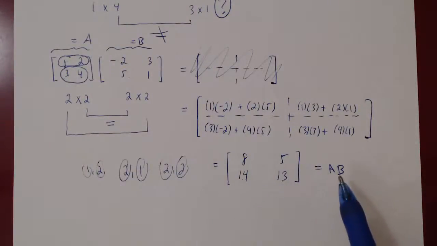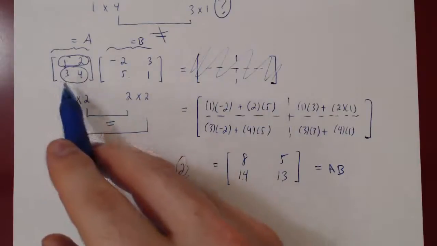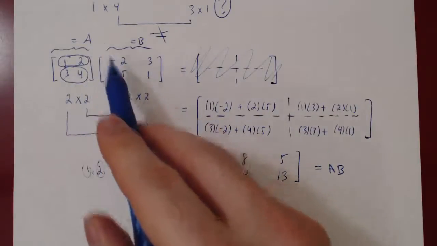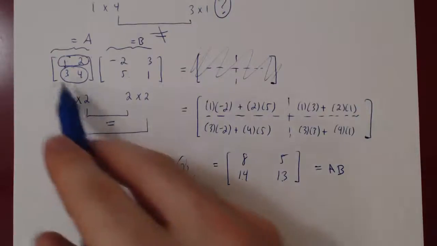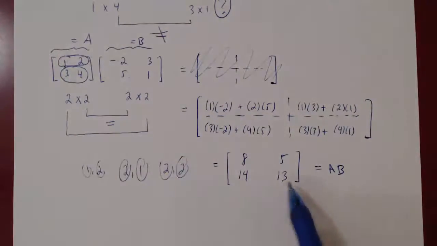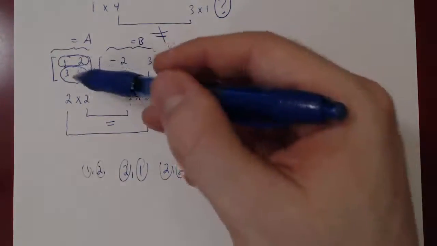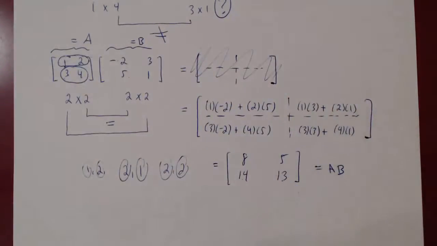To construct the second row, fix the second row of your first matrix A, go through every column of the second matrix, and this will allow you to construct the second row of the new matrix AB.